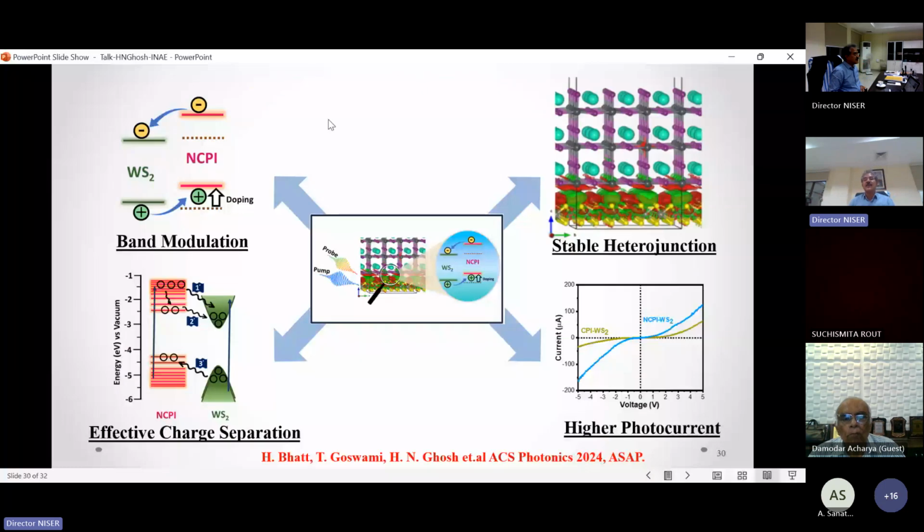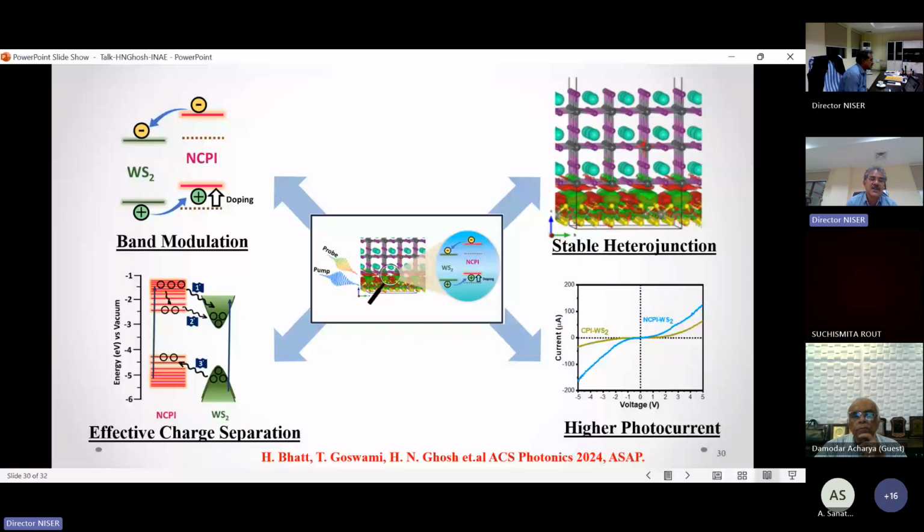This paper is right now an ASAP article in ACS Photonics, so this paper is already published. We talked about how once you dope with nickel, it forms a type 2 system where the electron can be accumulated in WS2 and the hole can be accumulated in NCPI.